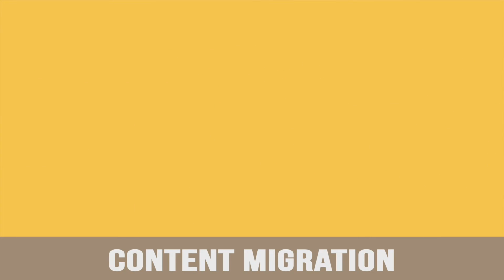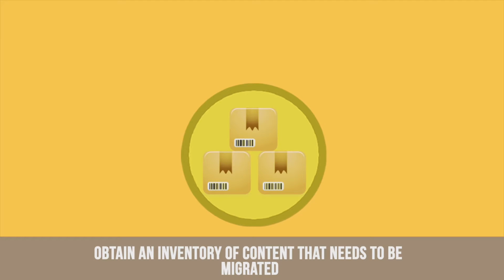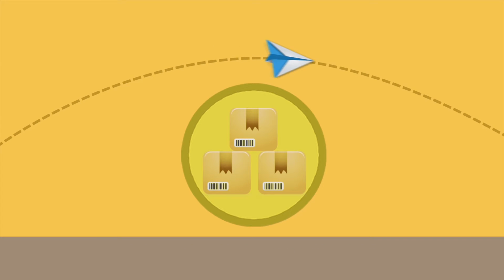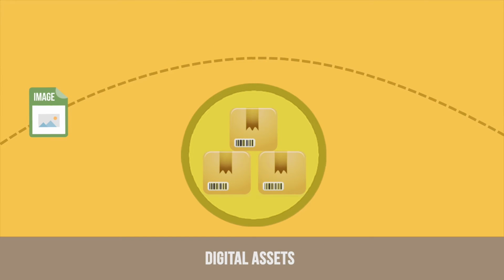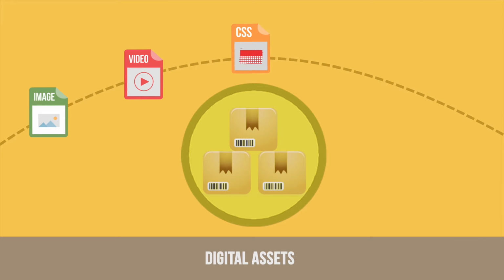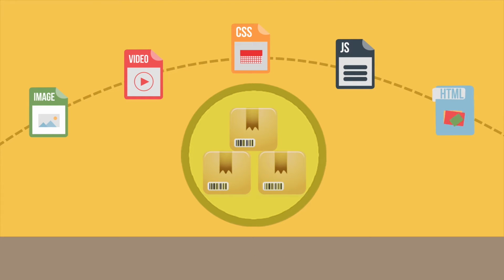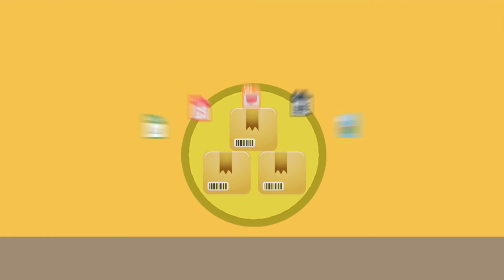In step 1, it obtains an inventory of content that needs to be migrated. For a web application, this would typically have digital assets like images, videos, CSS, JS, HTML files and other binary objects.